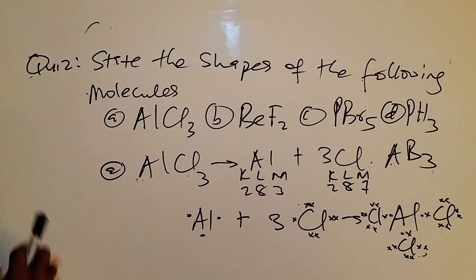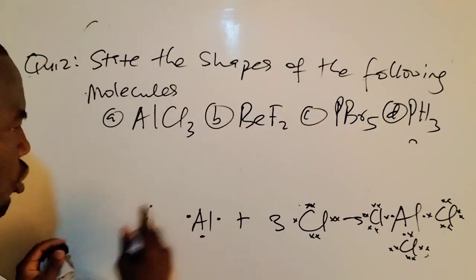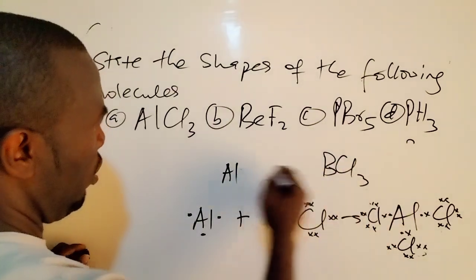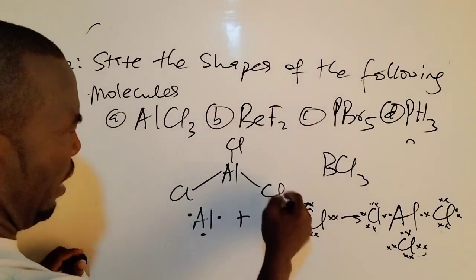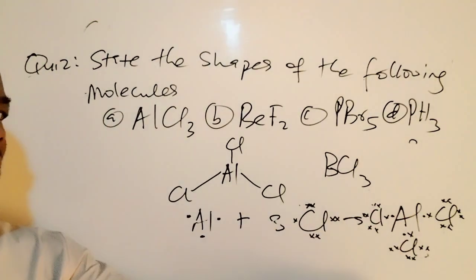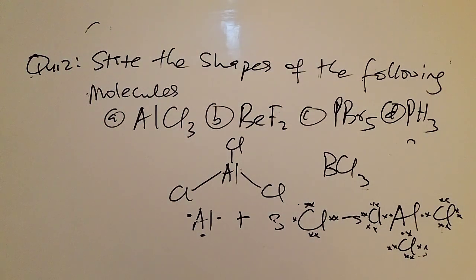So aluminium chloride has trigonal planar shape. If you look at the structure, it will look like that of boron chloride that we drew some minutes ago. So aluminium chloride has trigonal planar shape because the central atom has no lone pair and is bonded to 3 other atoms. So that settles aluminium chloride.